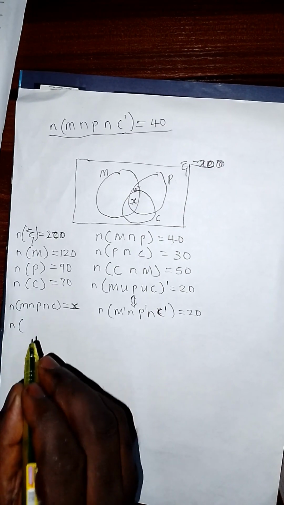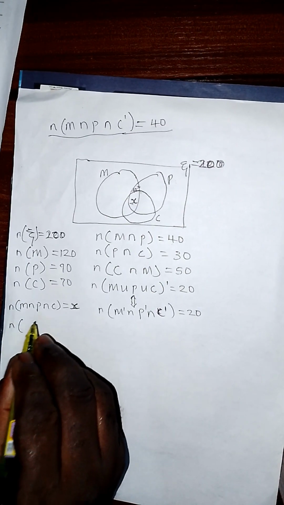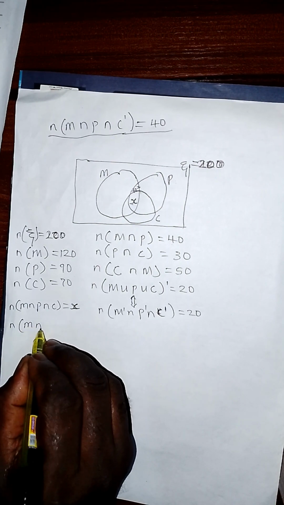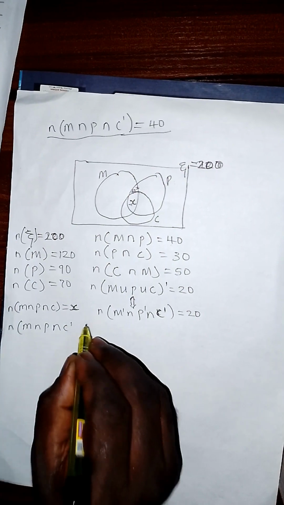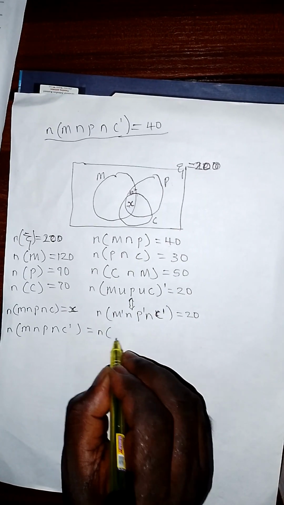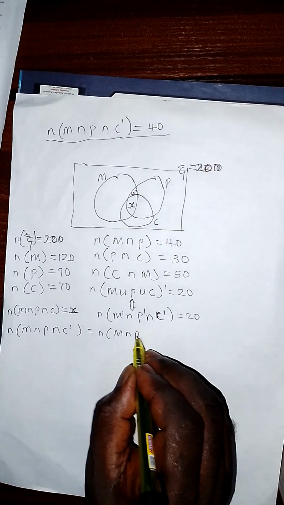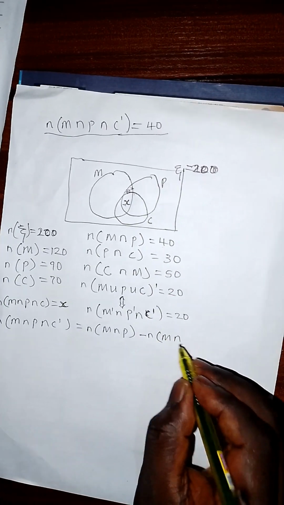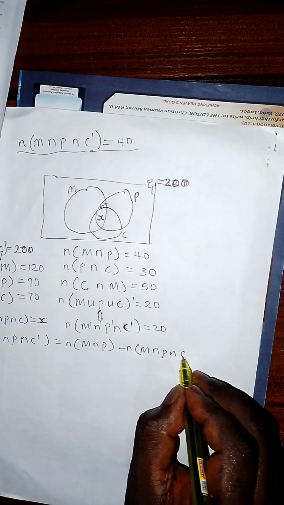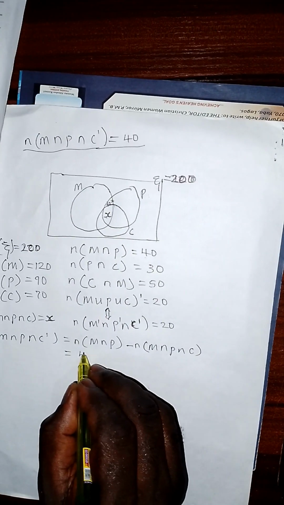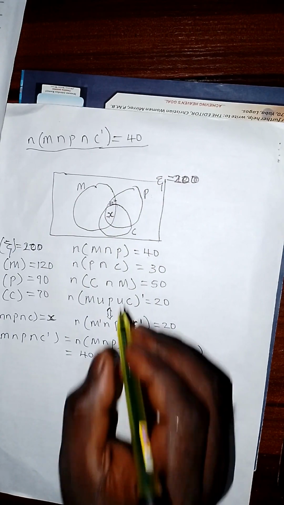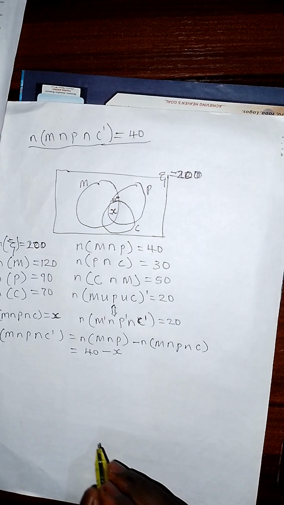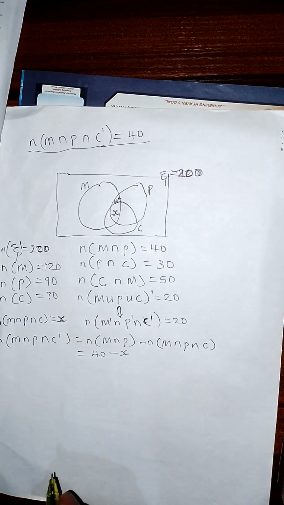The number of those who offer mathematics and physics only, that's this. This is the formula we normally use. And that is 40 minus X. The diagram is quite small. So that's what you have there.